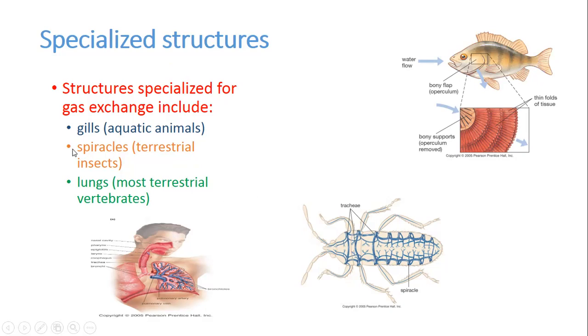So we have gills for aquatic animals, spiracles for terrestrial insects, and lungs for most terrestrial vertebrates. We will see each one of them with details after.